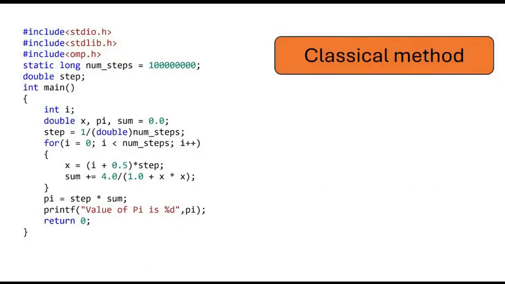Adding it to the variable sum, that way I can calculate the area of the entire curve, and I'll get pi equal to step times sum. So whatever is the value of step, I'll just multiply it with sum, and I'll get the value of pi. Then printf, and the value of pi will be printed here.